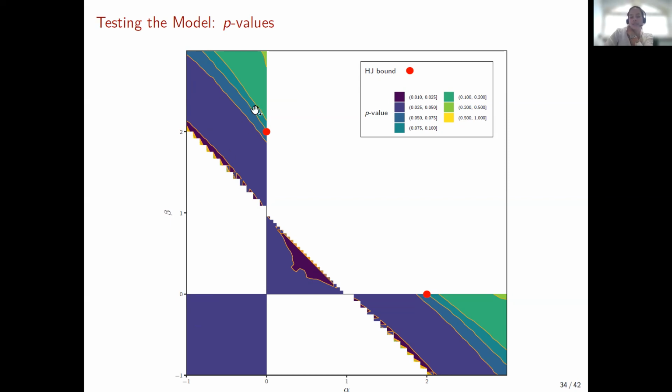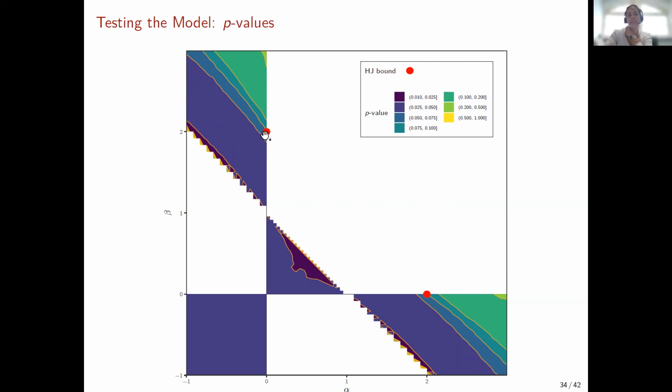Let me first get to these red dots here. What are they? These are exactly the HJ bounds. Why? Because we take alpha equal to 2 and beta is set to 0. By the same token, we have beta equal to 2, so that's the variance of the UK stochastic discount factor. If I read the p-values in this case, I would find 7.26 and 7.22.